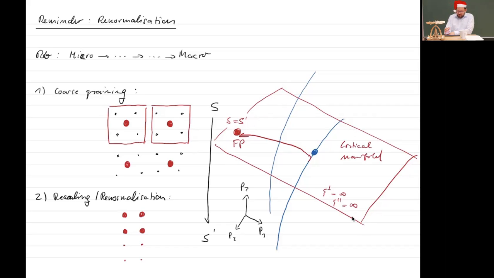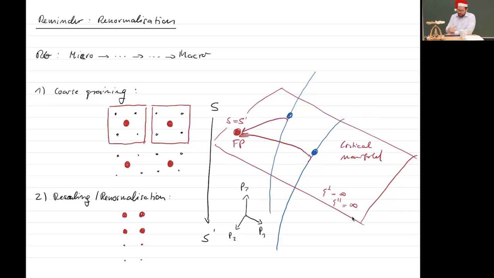And then we look at a different action, for example, this one here. Let's say it corresponds to a different epidemic model. This other action also has a critical point and intersects this critical manifold somewhere. And when we renormalize this other microscopic theory, the action will be drawn into the vicinity of the very same fixed point.